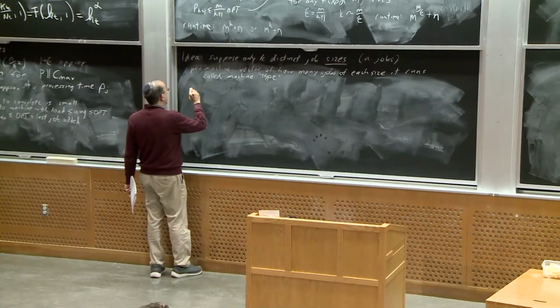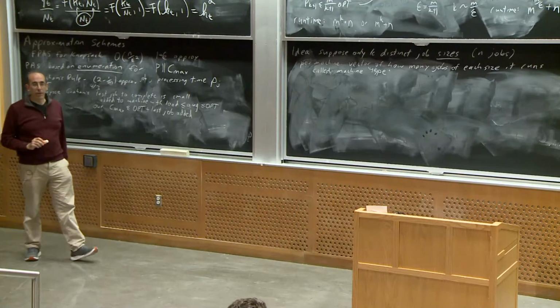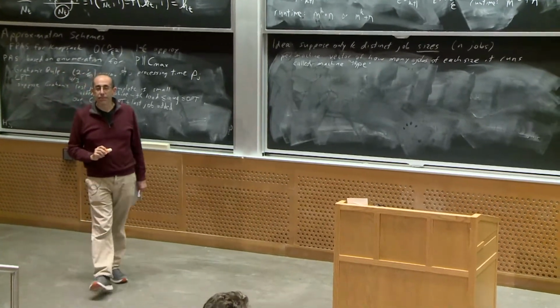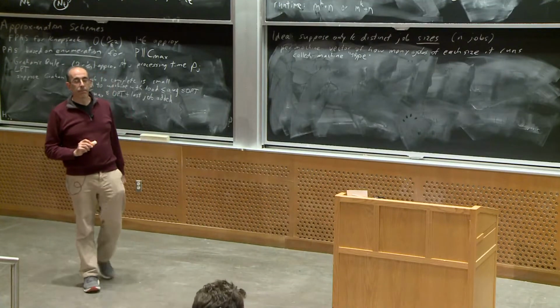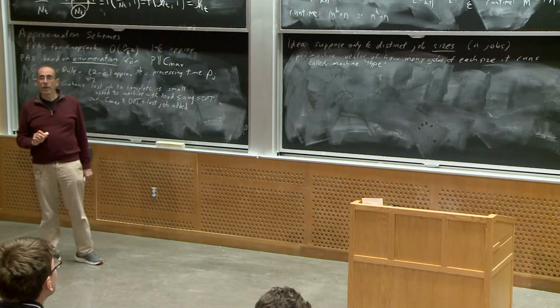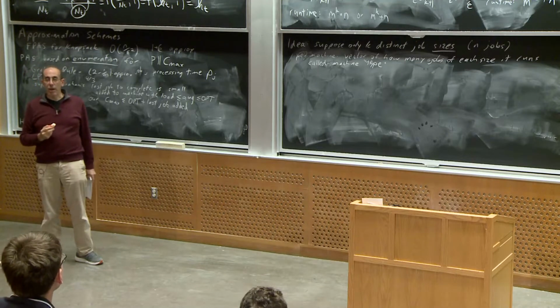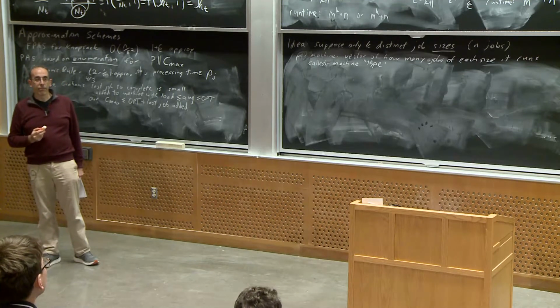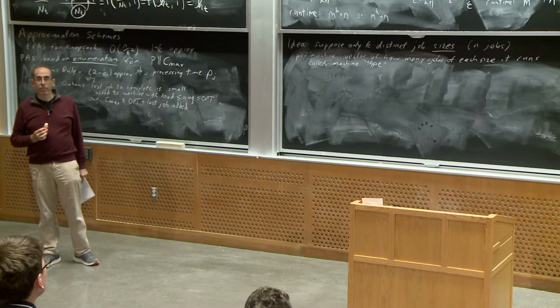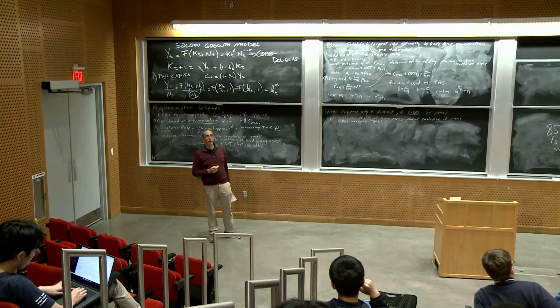Actually, before I go on, how many different types of machines are possible? That is, how many different ways could you write down a vector which describes a certain number of jobs of each size? Yes? At most n over k to the k.